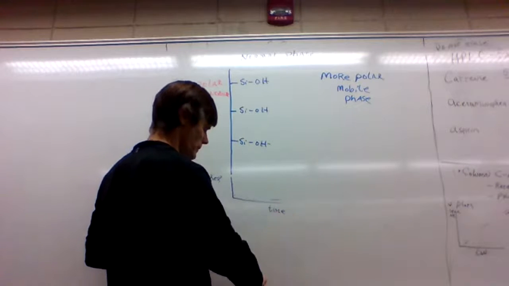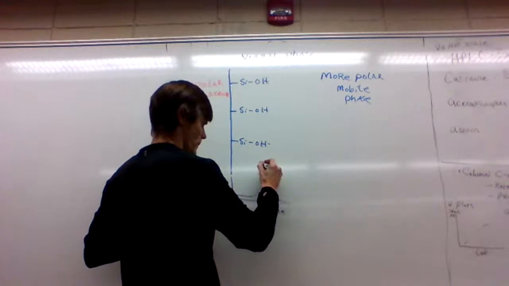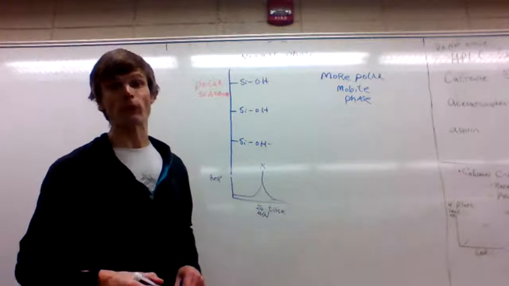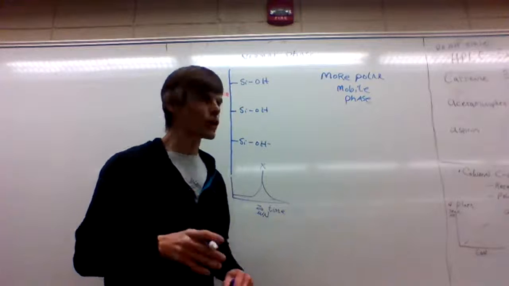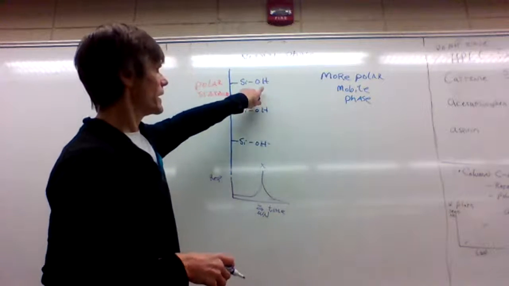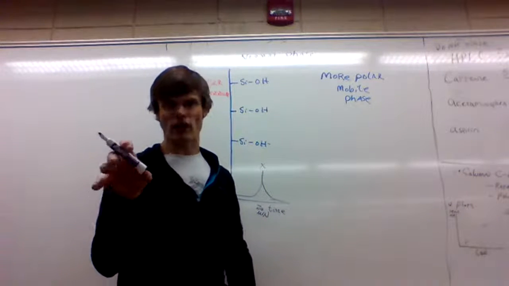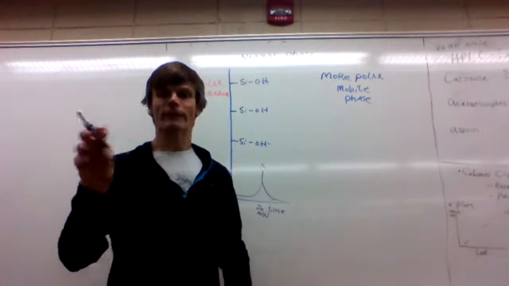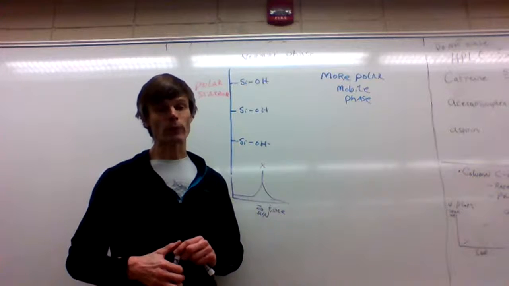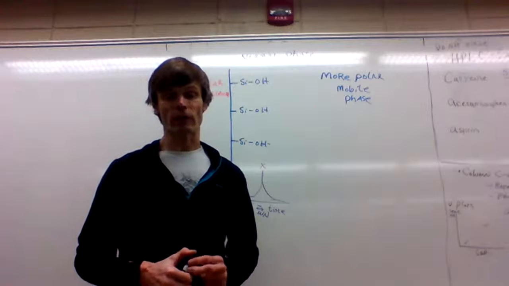When we're all done, we find that our sample comes off in 20 minutes. And that's because we made the mobile phase a little more polar. It's going to interact with our stationary phase, and sort of dislodge our species, to encourage it to get along its way and to come off the column. So that's what we would do in a situation in which we're running a normal phase chromatography.